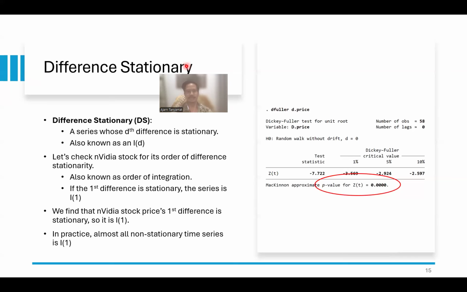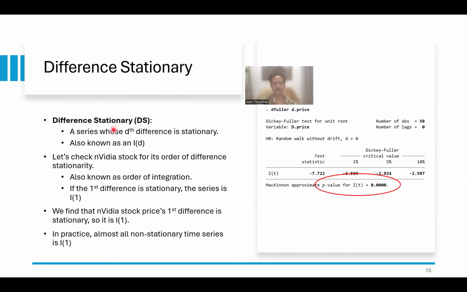Next, difference stationarity. This is a concept where the series is stationary after the dth difference, where d is the order of difference. The first difference is Yt minus Yt minus 1, meaning you take the current Y minus the previous Y. The second order difference is the change in Y this period minus the change in Y last period, so the difference in the change.